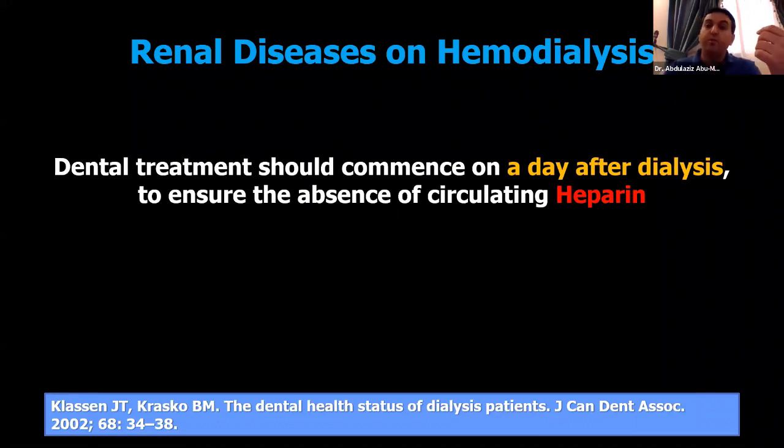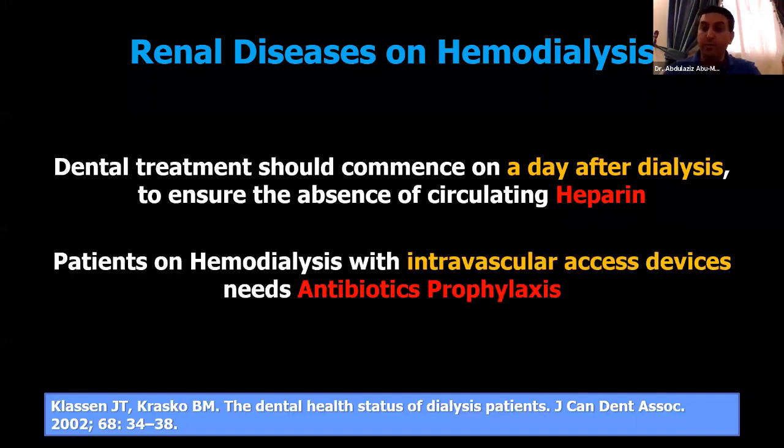If the patient is on a type of hemodialysis that doesn't have any piece implanted in the arm, you can go with the normal procedure. But if the patient has something intravenously implanted inside the arm, you need to go with antibiotic prophylaxis, the same as the American Heart Association prophylaxis.